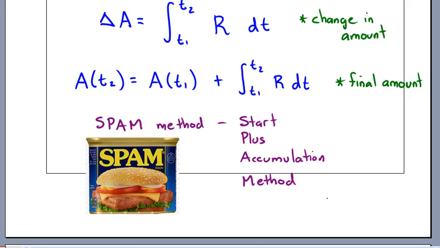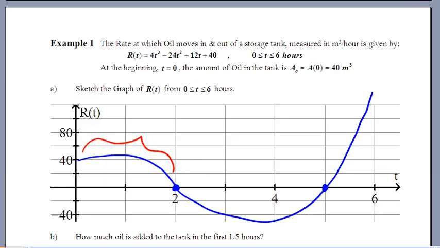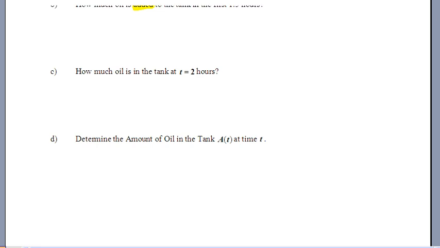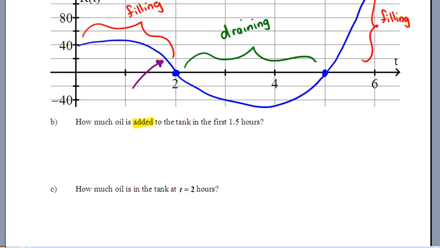So going back to our little cover page here, that would be the top story. How much more are we going to put into the tank? That's all we're looking for here. So that's just going to be a change in amount.